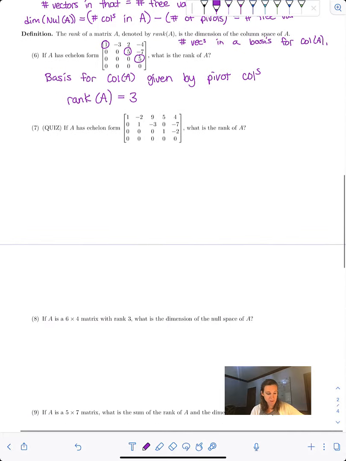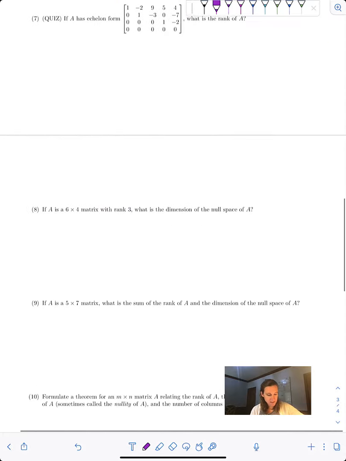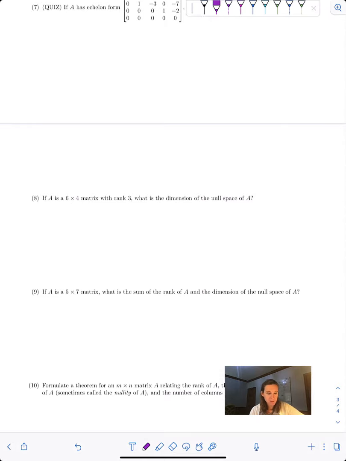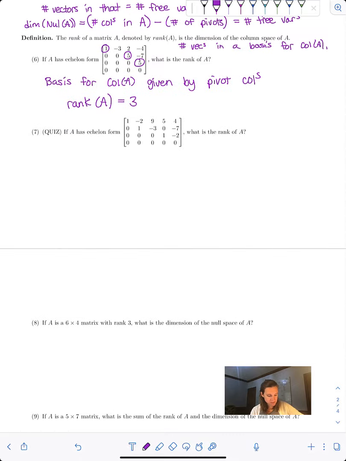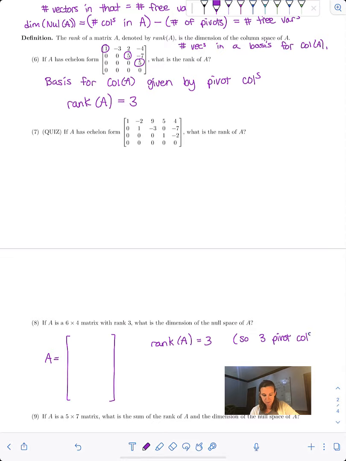Okay, so now we can take this to a more abstract level. Let's say we have a 6x4 matrix. So this is kind of a tall matrix, and its rank equals 3. So that means we have 3 pivot columns, and we want to know the dimension of the null space.